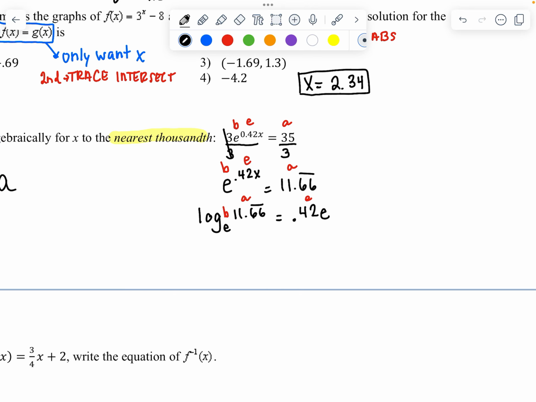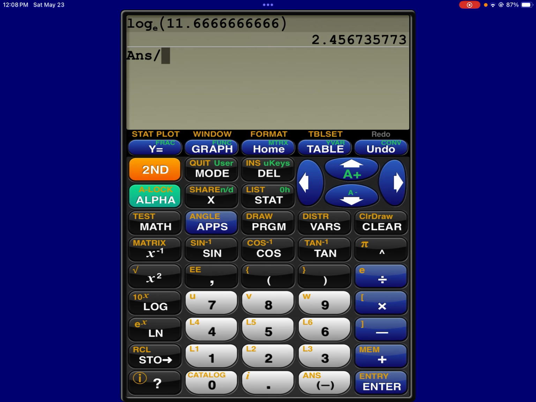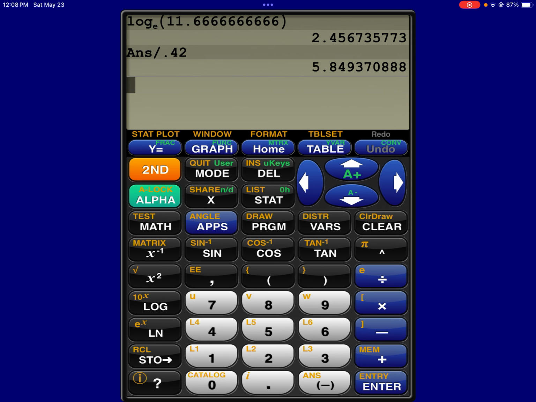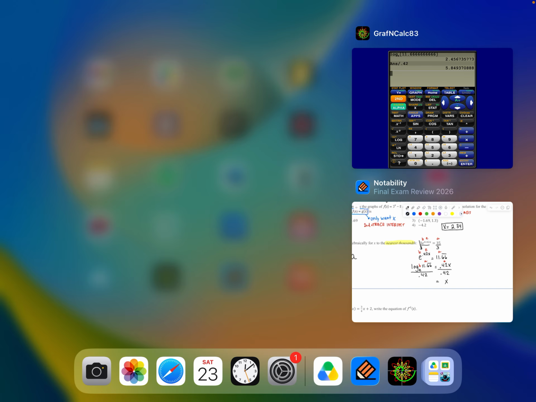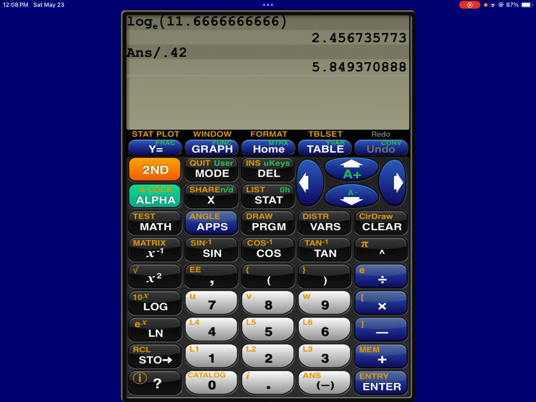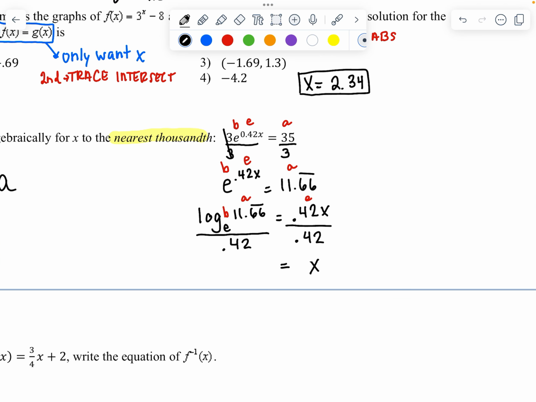And once I get that, on my right side, oh, my bad. Instead of e, I have the x. I have to get x by itself. So whatever I get on that side, I'm just going to divide by 42.42. And that's what x is. And round it to the nearest thousandths, so that's 3 decimals, so 5.849.